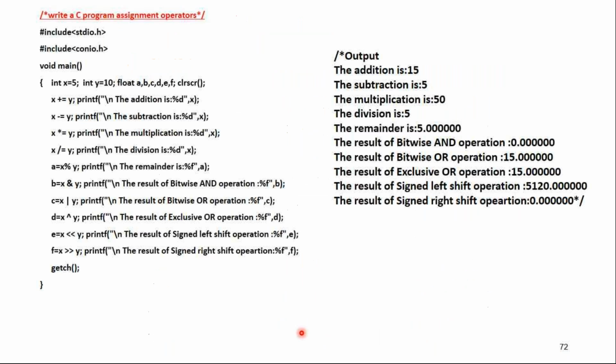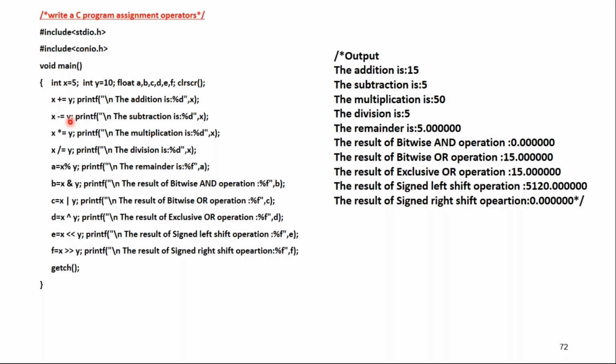Okay. Next, this is the particular program. Here we are taking int x equal to 5 and int y equal to 10. x plus equal to y is simply nothing but x equal to x plus y. So 5 plus 10 is 15. The result is 15. x minus equal to y is simply nothing but x equal to x minus y.